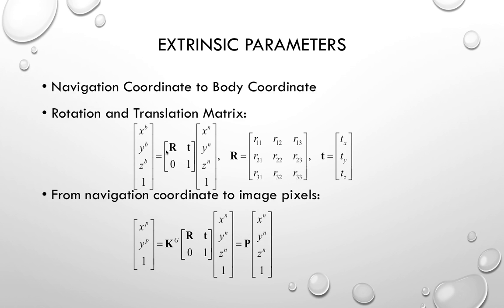So we can map a point in the navigation coordinate into the body coordinate using the rotation matrix and the translation matrix. Combining all the intrinsic and extrinsic parameters, we can directly convert a point in the navigation coordinate to image pixels by the projective matrix P.